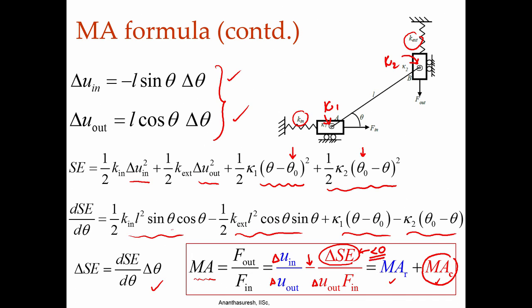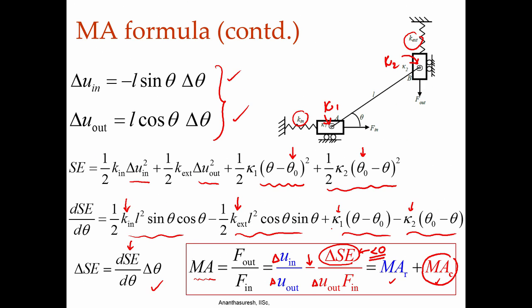That we have to look at, this dSE by d theta, is what will be controlling the sign of it, because luckily we have minus k external L square cosine theta sin theta. So, wherever this becomes, let us say positive, it depends on the relative values of k in and k external, and then we have kappa 1 and kappa 2, one of them has a minus, another a plus sign.